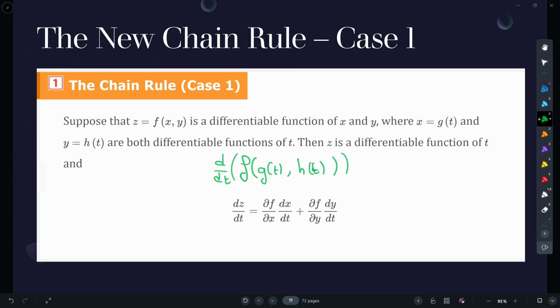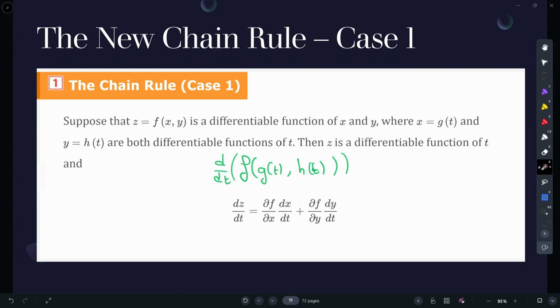But my original function f has two variables, x and y, so the answer is that the derivative is going to be the derivative of f with respect to x evaluated at g and h, times the derivative of g with respect to t, plus the derivative of f with respect to y, evaluated again at g and h, times the derivative of h with respect to t.